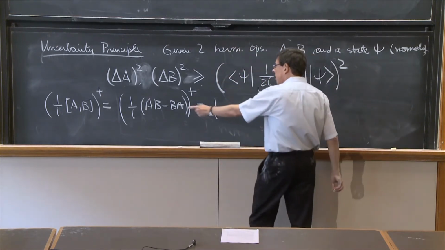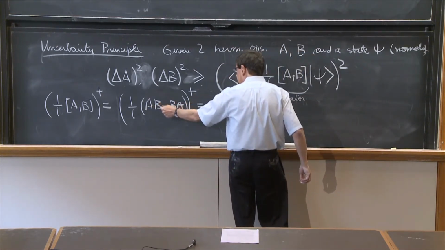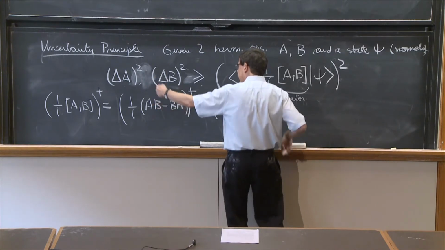The Hermitian conjugate of a product is the Hermitian conjugates in opposite order.